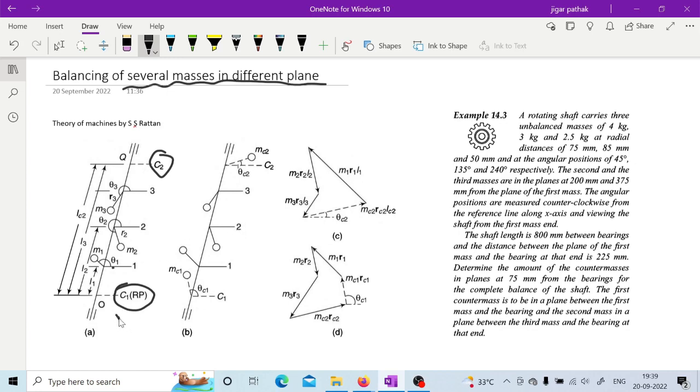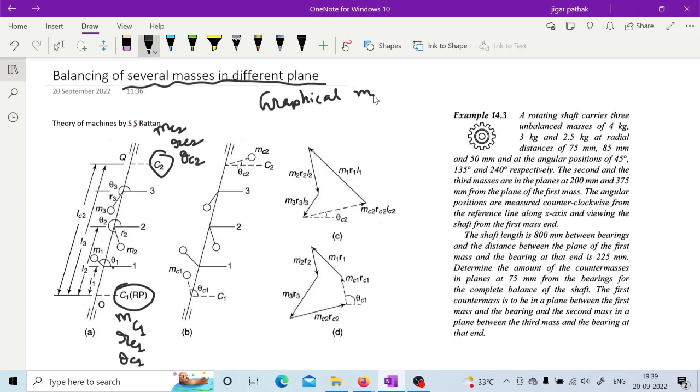So here for plane C1 you will have MC1 at a radius RC1 and at an angle theta C1. Similarly, in plane C2, you will find that MC2 is the required mass at the required radius RC2 and at an angle theta C2. So here also, if we first see the graphical method, then it is easy, right?